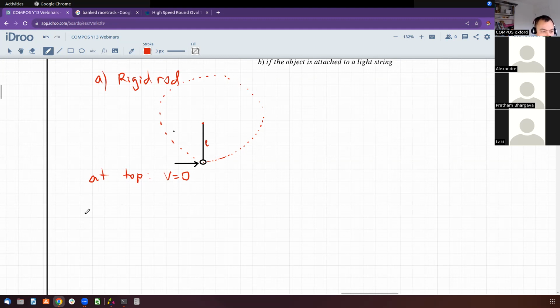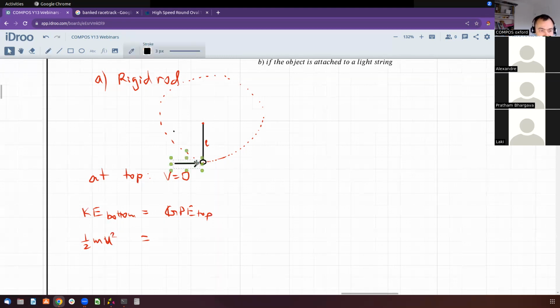So kinetic energy at the bottom is equal to gravitational potential energy at the top. And therefore, 1/2 mv squared is equal to, well, let's call it initial velocity, 1/2 mu squared.